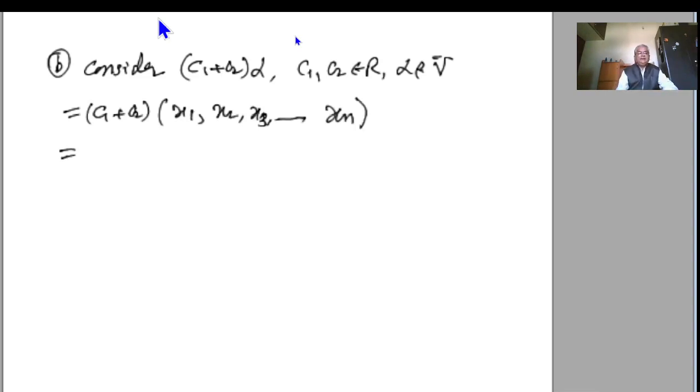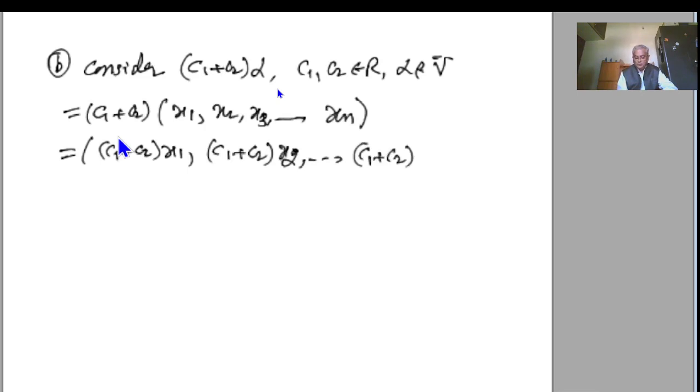By the definition, I can take this c1 + c2 inside. This can be written as (c1 + c2)x1, comma, (c1 + c2)x2, comma, up to (c1 + c2)xn. Again, here c1, c2, x1 belong to R, therefore the distributive law is satisfied.